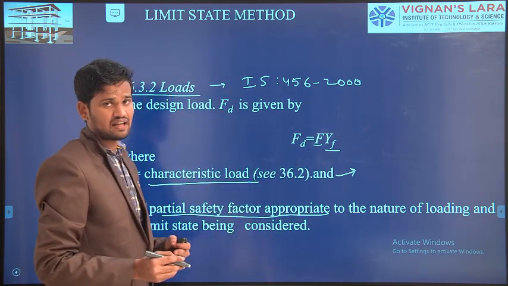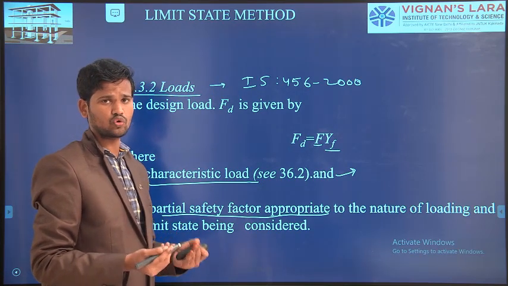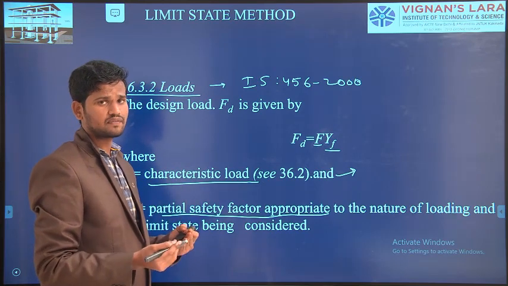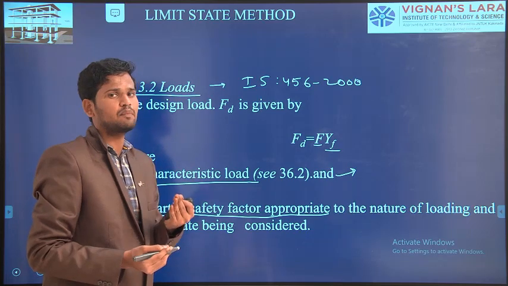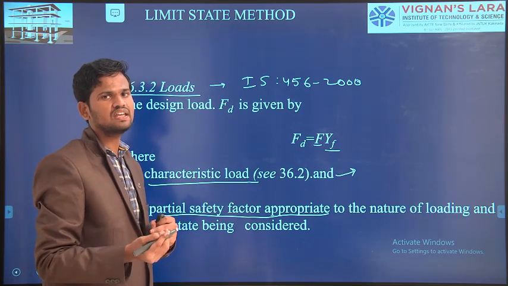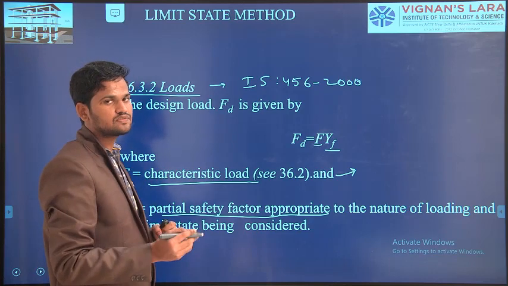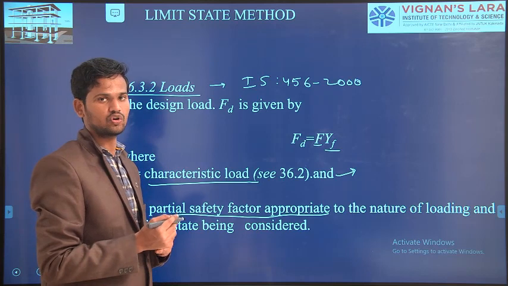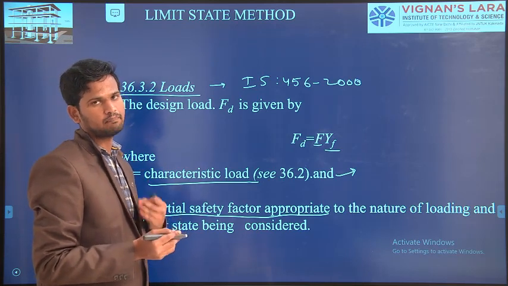If you see our daily buildings, such as kitchen, room, hall, staircase, veranda, for all these types of structures we have some amount of load due to dead load. That load may be 2 kN per meter square based on the self weight of the material. As well as for a normal bedroom, the live load will be 2 kN per meter square.